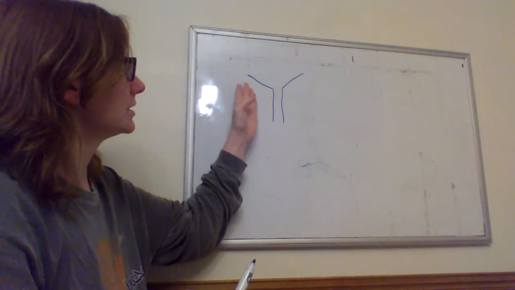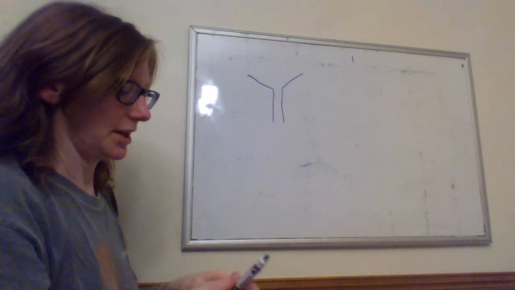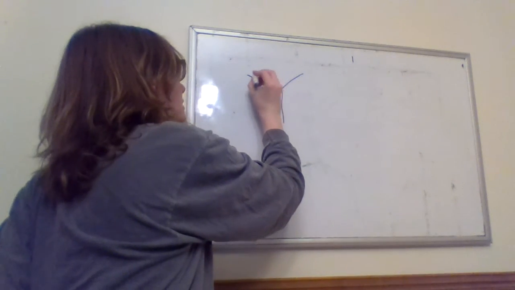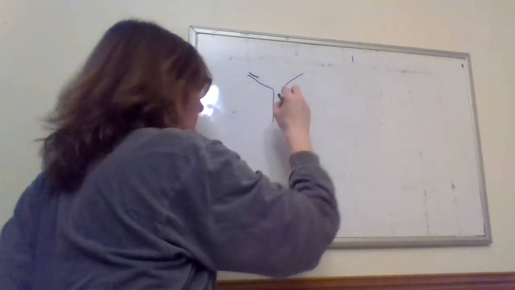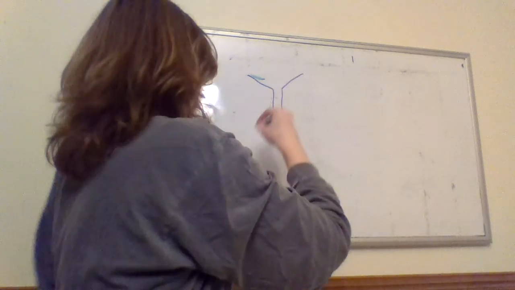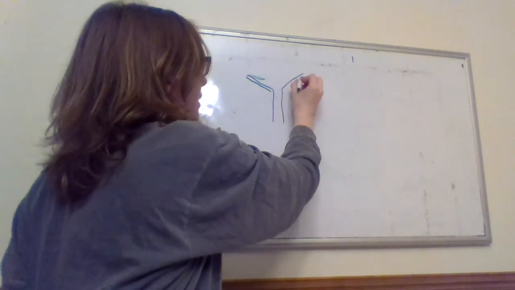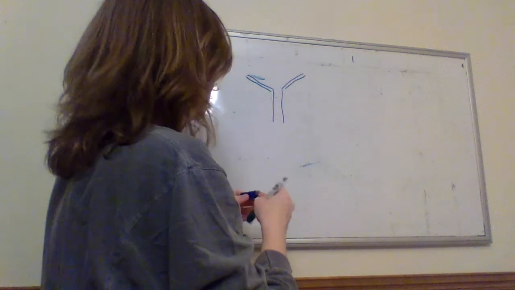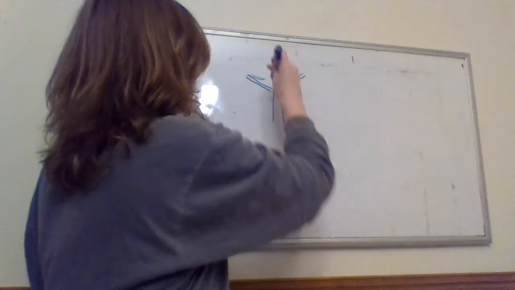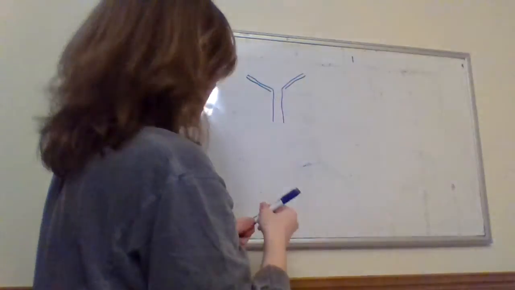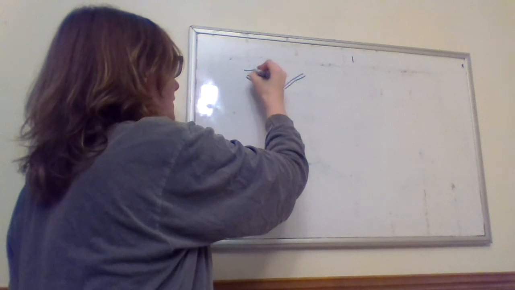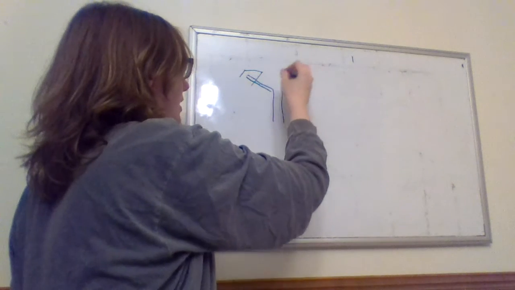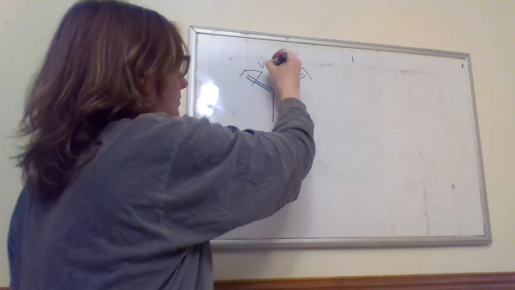So this part here, this is called the heavy chain. And then you have this other part here called the light chain. And this part here at the top, and over here too, this can be variable.